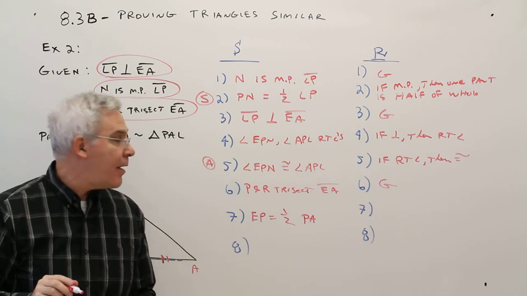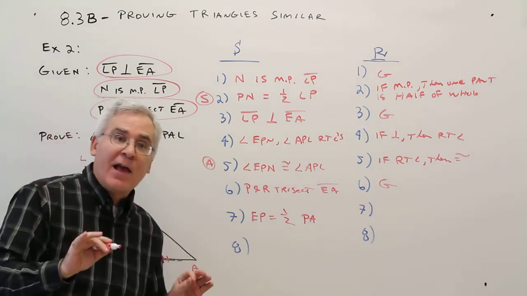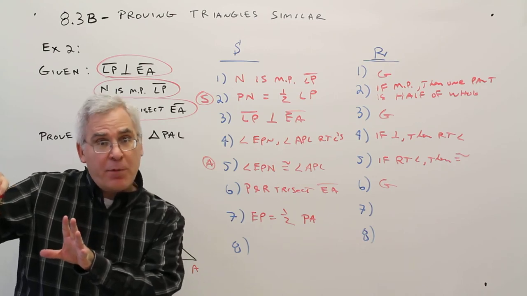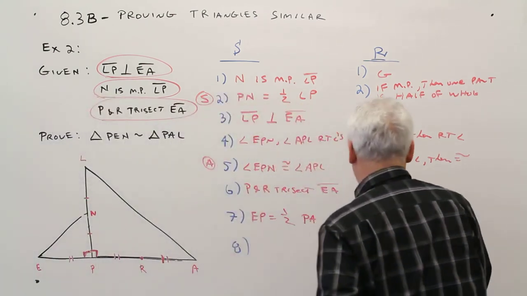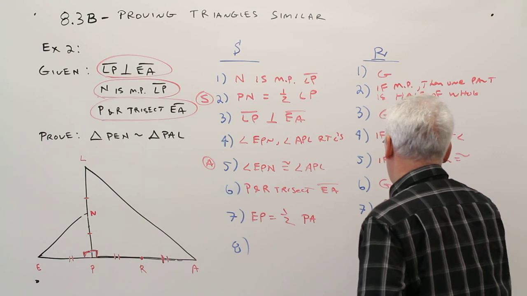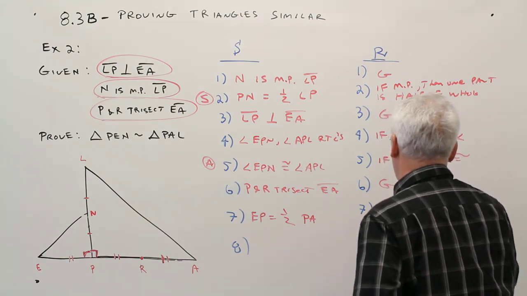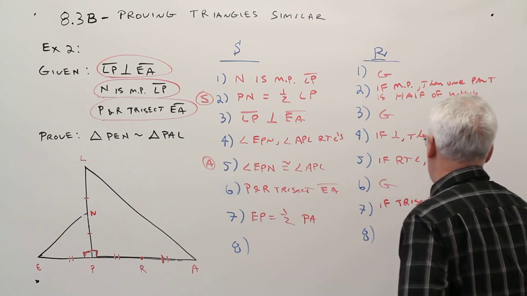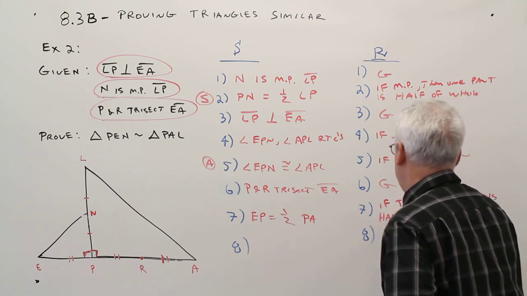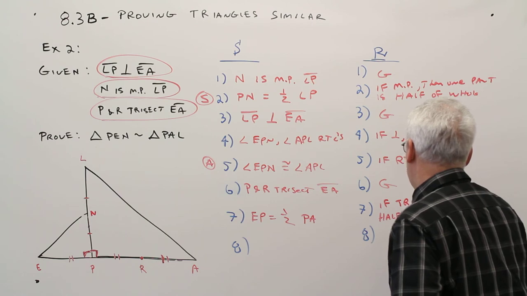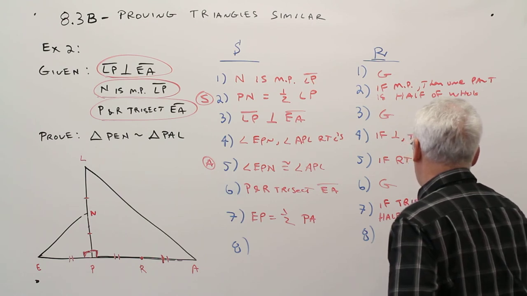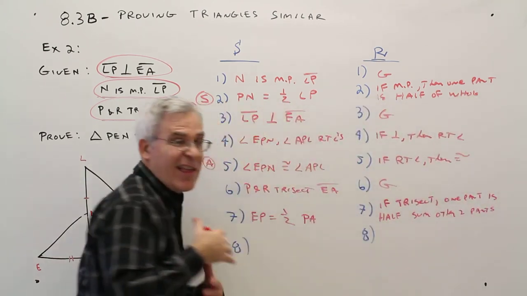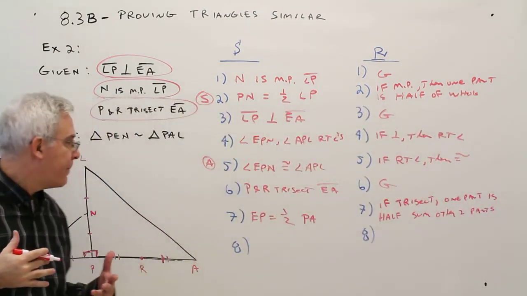And again, I'll say if trisect, then 1 part equals 1/2 the other 2 parts. If trisect, one part is half the sum of the other two. Again, it's that 3 congruent segments.